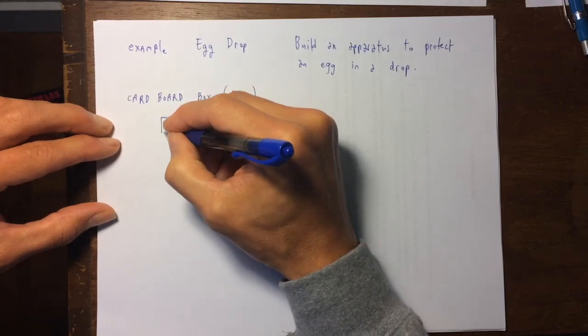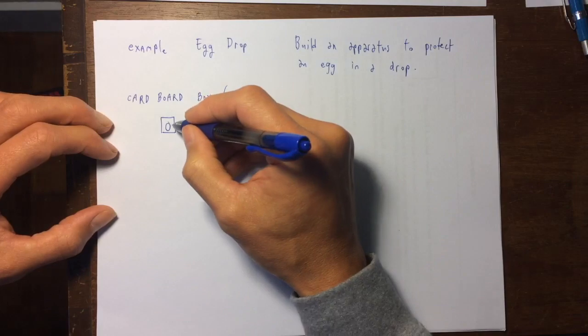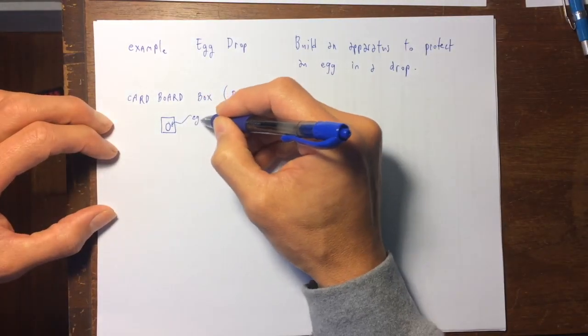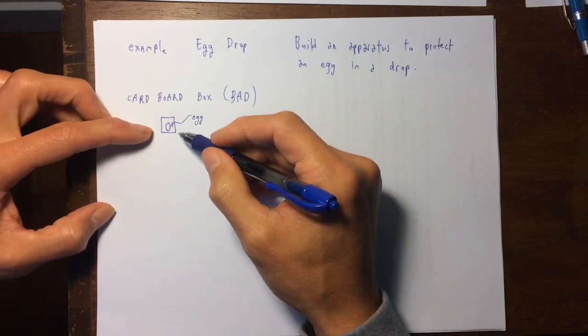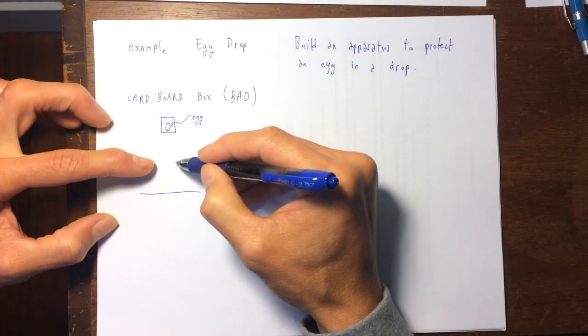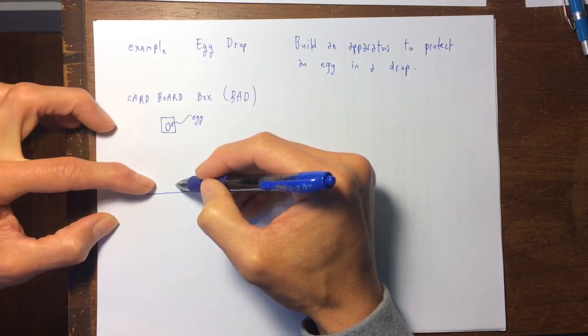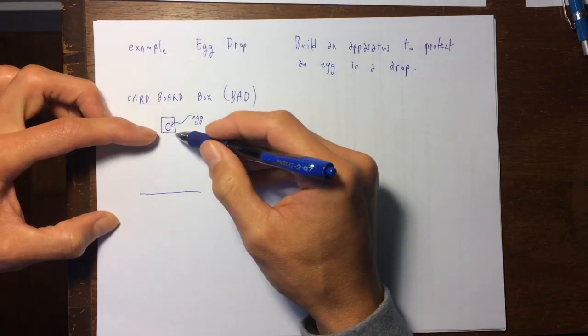So here is the box, and there is the egg inside the box. There's the egg, and the box surrounds it. And you drop it from a certain height, and it picks up momentum because gravity is the net force. The weight force is the net force on the box.